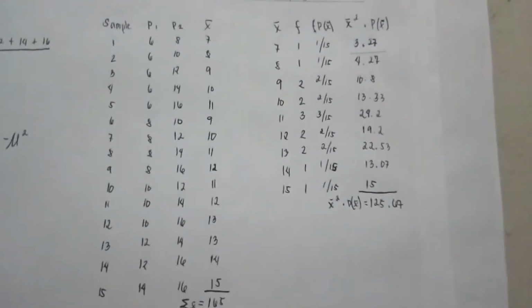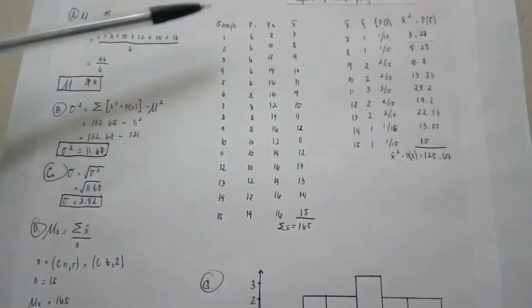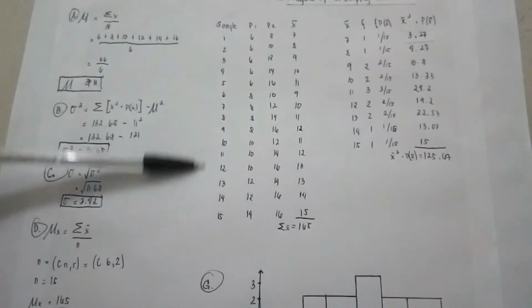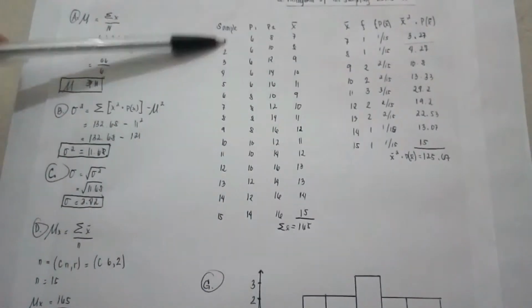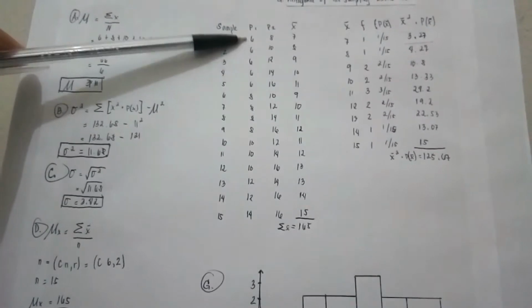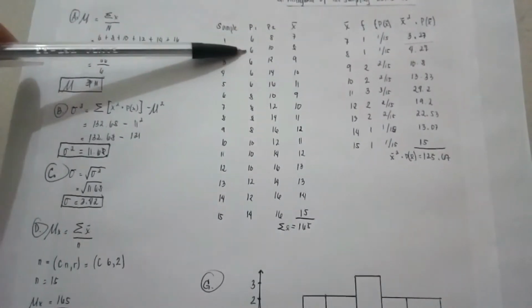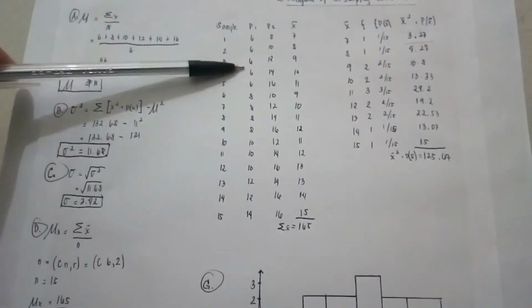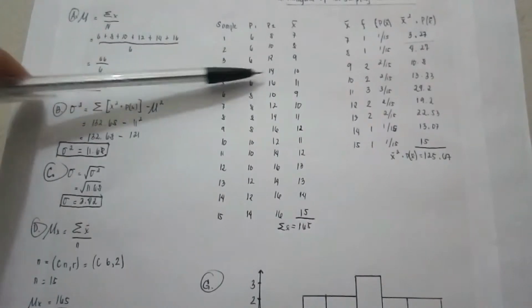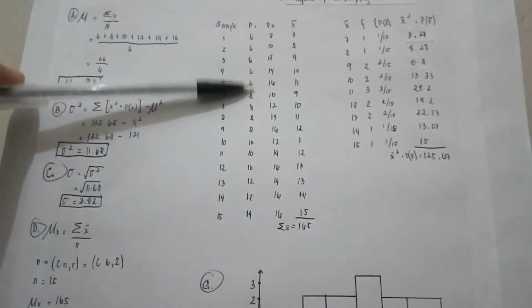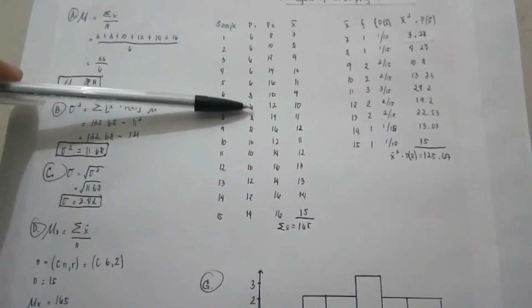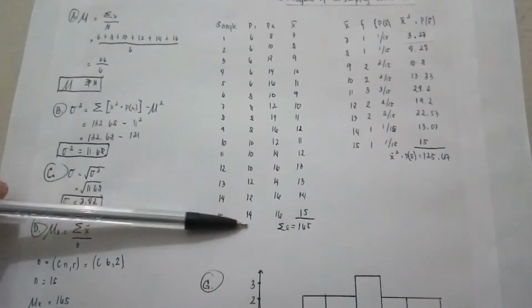So, ito yung mga samples. Sample 1, 2, 3, until 15. So, ang sample 1 is 6 and 8, 6 and 10, 6 and 12, 6 and 14, 6 and 16, 8 and 10, and so on and so forth.